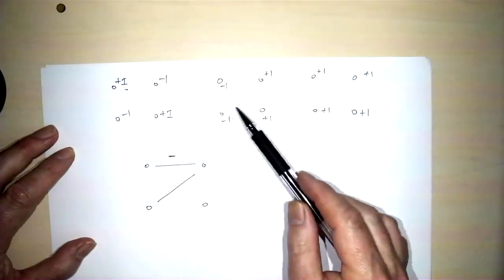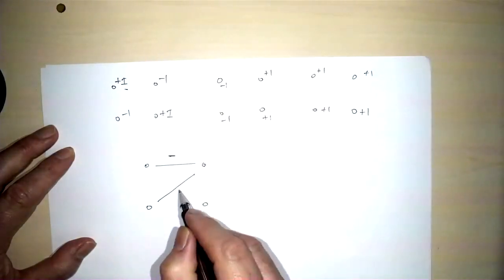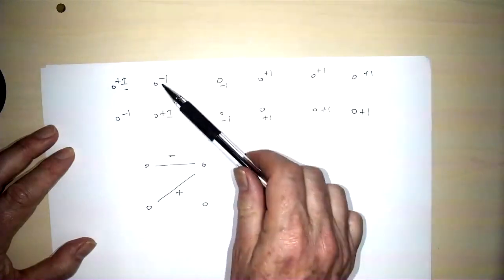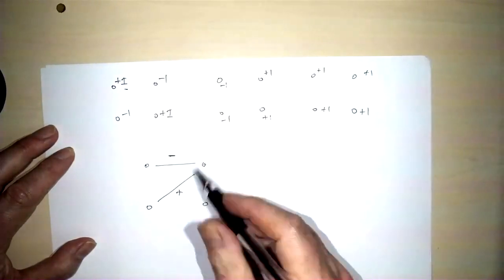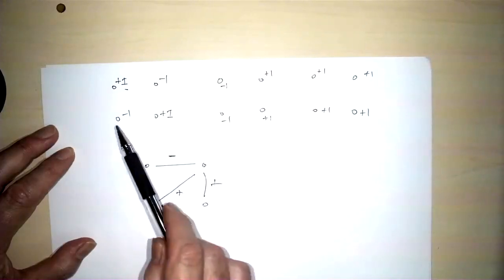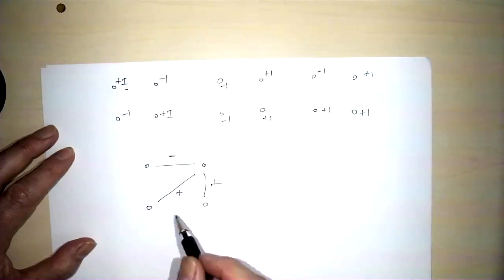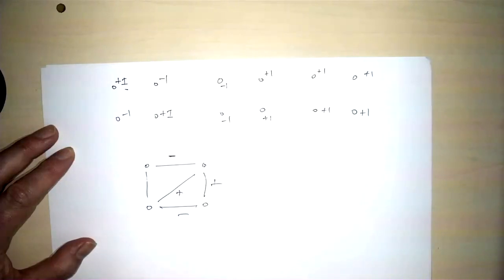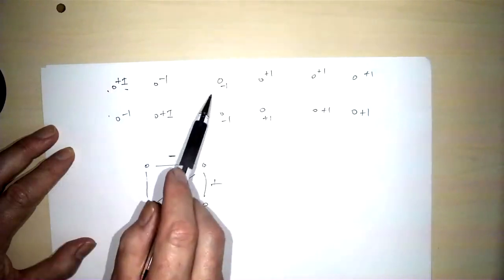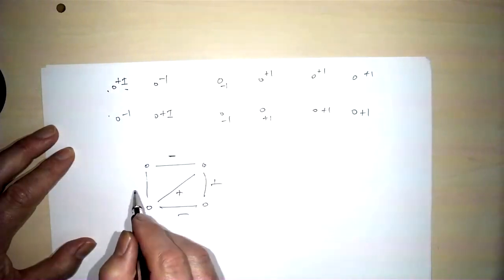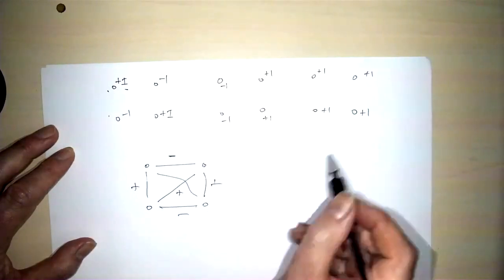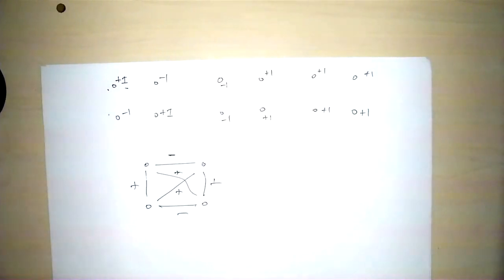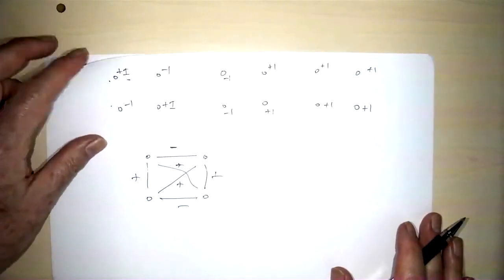Here we've got the same, opposite, same, so this weight would be positive. These are more likely to be the same, these are more likely to be negative, these are more likely to be the same, and these are more likely to be the same. So you kind of get the idea what these weights look like.